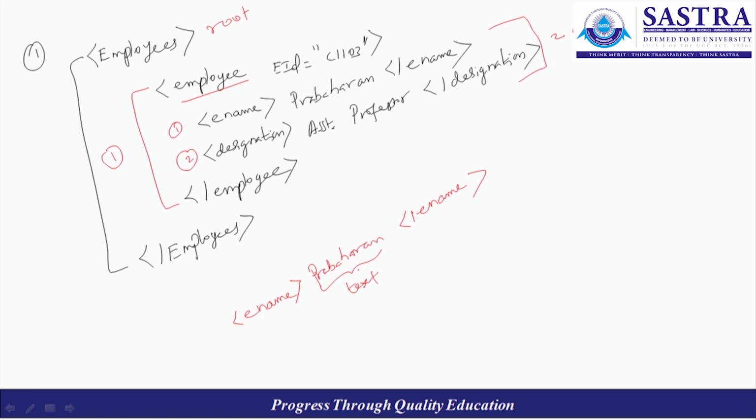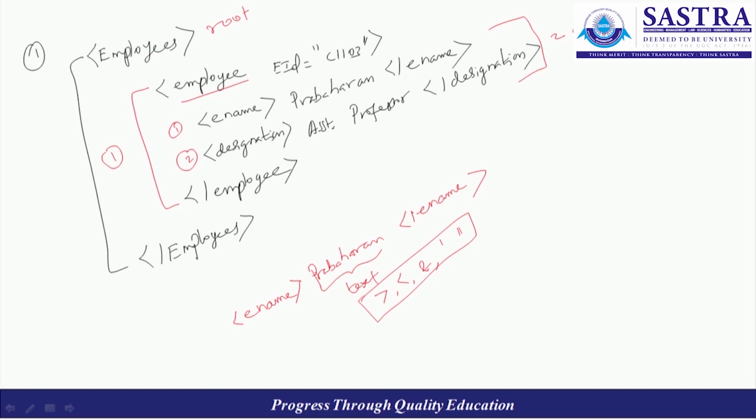Some of the symbols are not included directly, they are called special entities, which we will discuss in forthcoming sessions. We cannot include the greater than symbol, less than symbol, ampersand, single quote, double quote. These are not allowed directly. These characters should not be included as text directly.